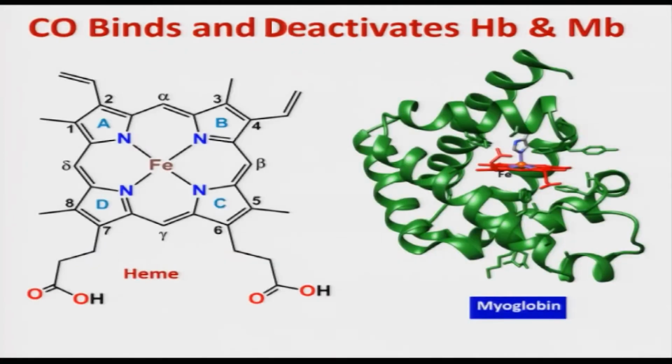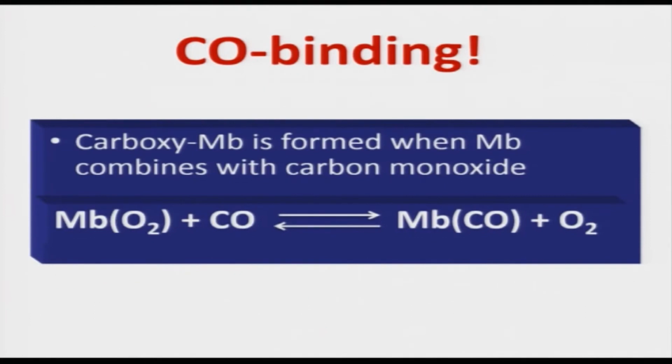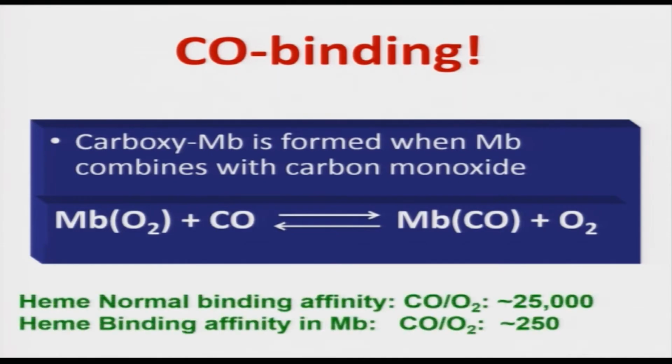Now, carbon monoxide can also bind and deactivate hemoglobin and myoglobin. As you all know, the binding affinity of the free heme group for carbon monoxide is about 25,000 times that for oxygen, whereas the binding affinity of myoglobin for carbon monoxide is only 250 times greater than that of dioxygen.